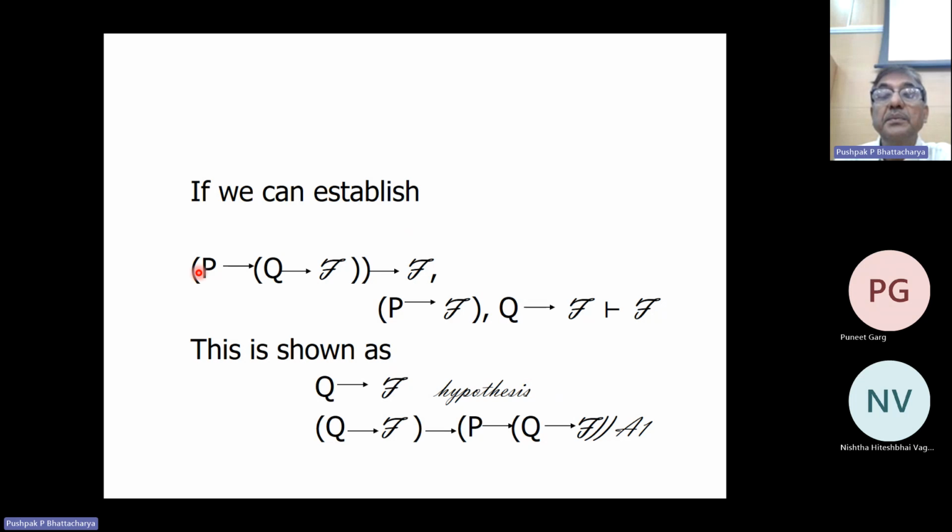Instead of that, there is a nice trick which is almost always used. Q from the right-hand side is converted to (Q implies F) implies F, and Q implies F is brought to the left-hand side.